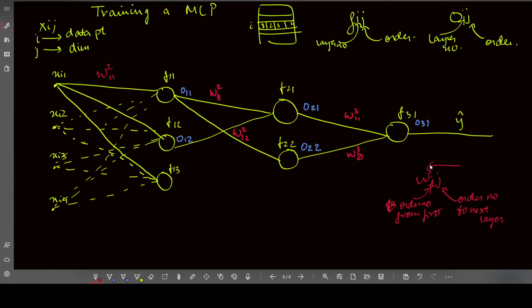And the superscript x basically tells the layer that I'm dealing with. Okay, so here this is going from the first one to the second one, right? So x will be 2. Similarly over here this will be 1. It's not 2, sorry, it's 1. It's going from the first point to this first function, and it's going to the first layer, right? So this is 1, superscript 1, weight W11.